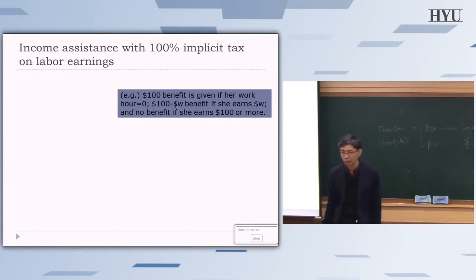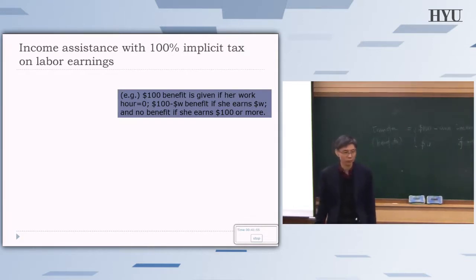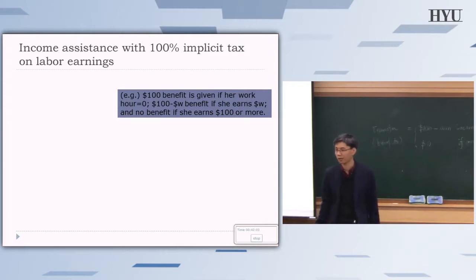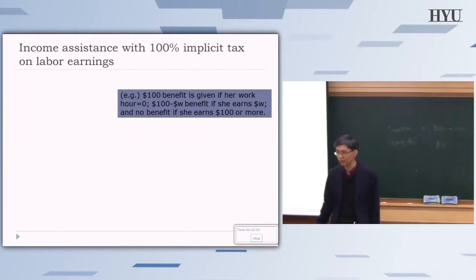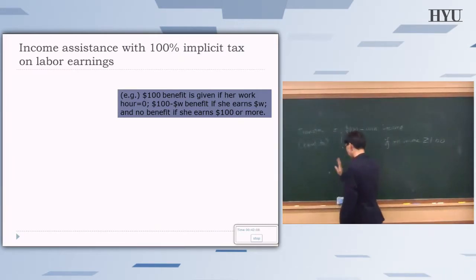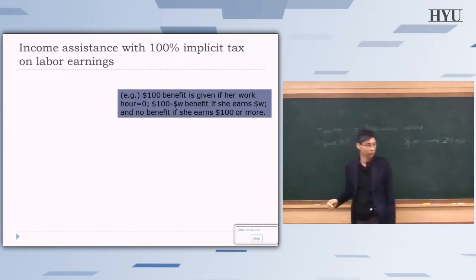Work 5 hours, still no change. Work 10 hours, still no change. I just wasted my 10 hours by earning nothing after tax. So that changes the wage rate for that person to 0.